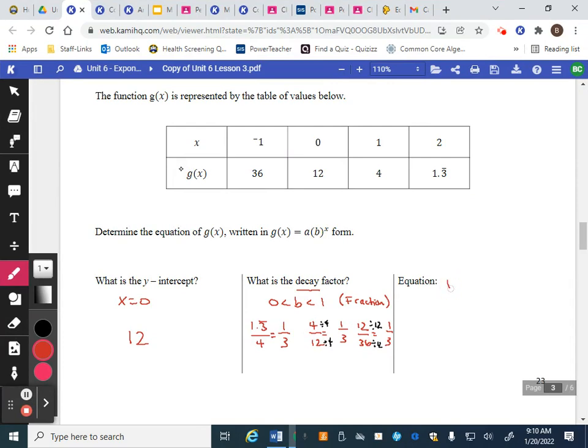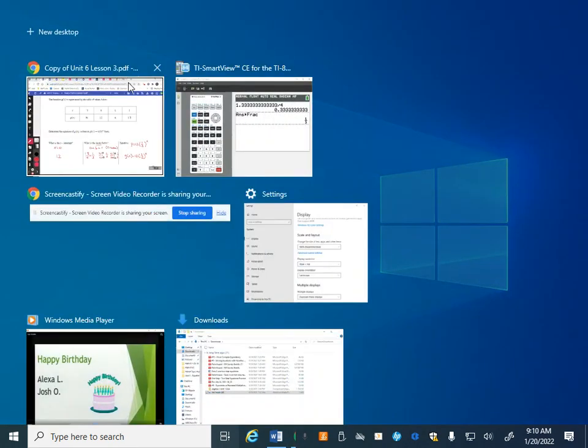So if we put everything together, our equation is y equals 12 times 1/3 to the x, or g of x equals 12 times 1/3 to the x. And I'm going to go check with my calculator just to make sure.